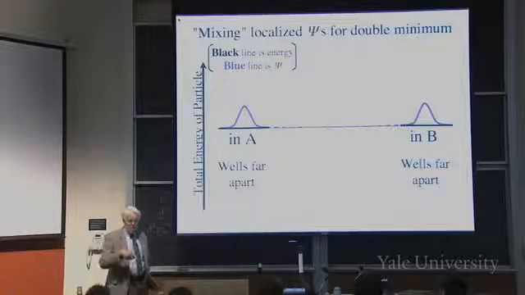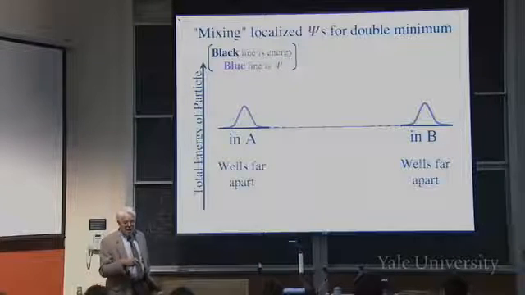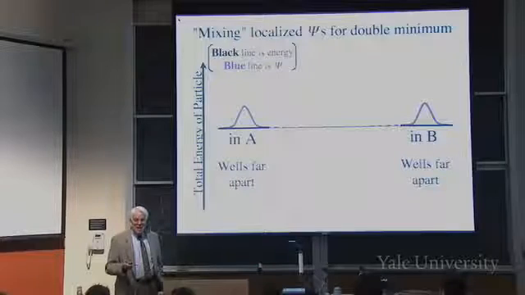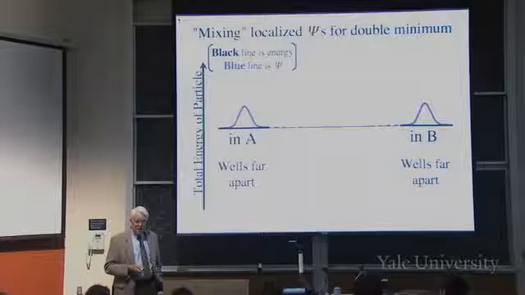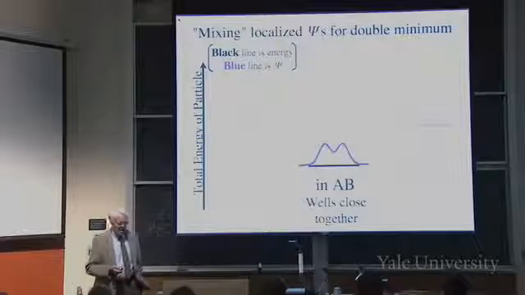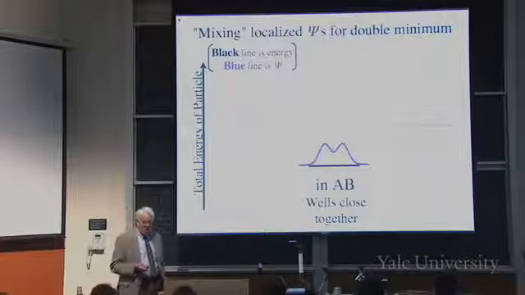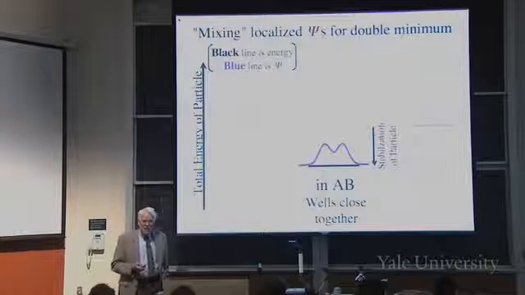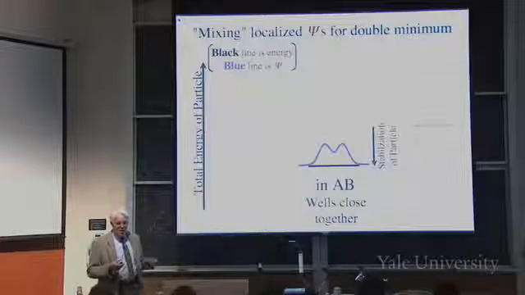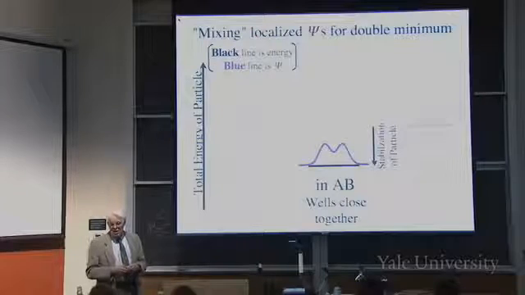Or we could flip B upside down, multiply it by -1, add them together then, and we get one node. But they have the same energy as the single ones would do, right? But if we bring them together, the energy gets lower, less curvature, right? And that gives rise to a stabilization of the particle. The particle is more stable when the wells are closer together, right?